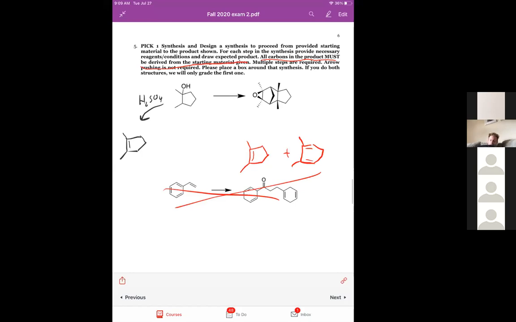Now we're doing the same thing we did earlier, so adding in either Br2 or Cl2. Let's just dichlorinate. We can add in a large base, and that'll give us the two components we need to do our Diels-Alder.